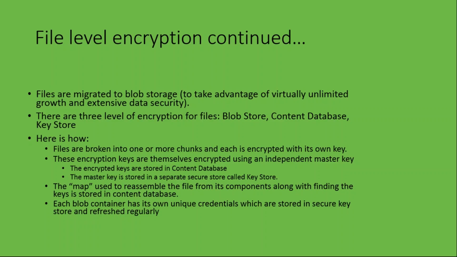Blob means binary large object, and a simple example of a blob is a document in a document library. A document could be very large: it could be an audio file or video file, or have large images or files embedded into a presentation. A file could be in GBs, so that's a large object, a binary large object.